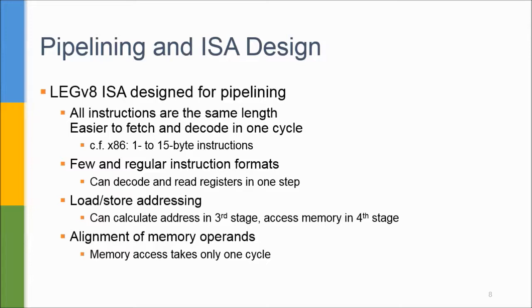This restriction means we can use the execute stage to calculate the memory addresses and then access memory in the following stage. On the other hand, if we could operate on operands in memory as in the x86, then stages 3 and 4 would expand to an address stage, memory stage, and then execute stage.